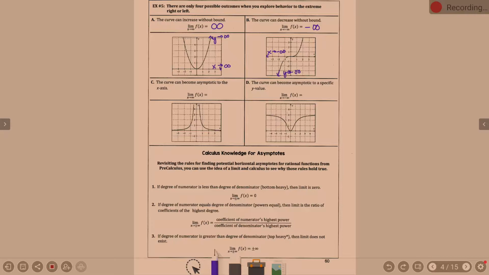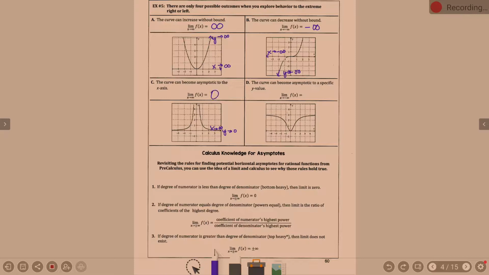That doesn't even sound right, but that's the word I'm trying to say there. Okay, the curve can become asymptotic to the x-axis. With that in mind, the x-axis being what y value? Y equals 0, yes? So if that is the y value of 0, that means as x approaches infinity, as we go farther and farther right, we're going alongside that asymptote, yes?